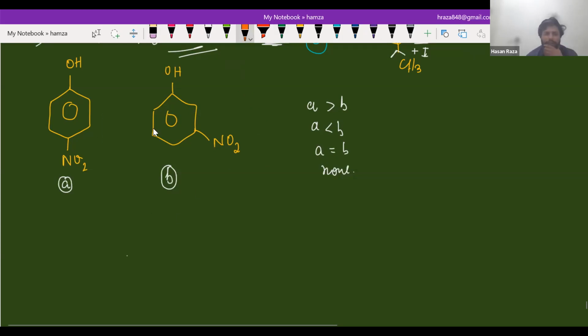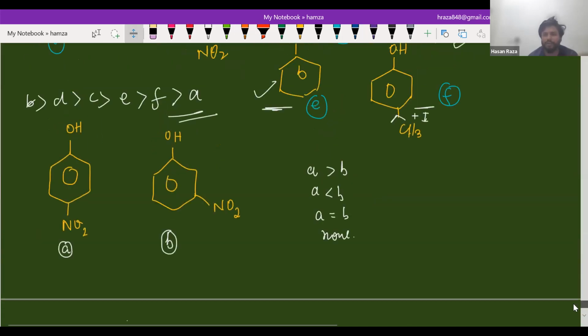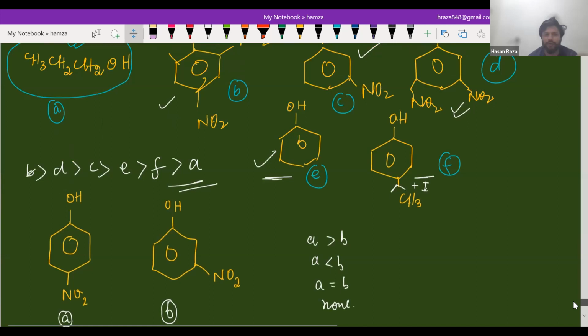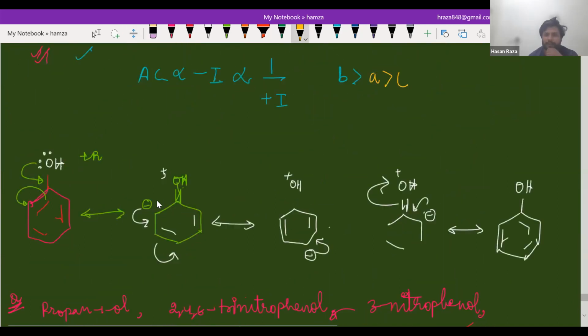See, if you have done the resonating structure of phenol, you might have noticed that the negative charge is on ortho position, is on para position, and then again on ortho. The negative charge was not on meta position. Can you see it?